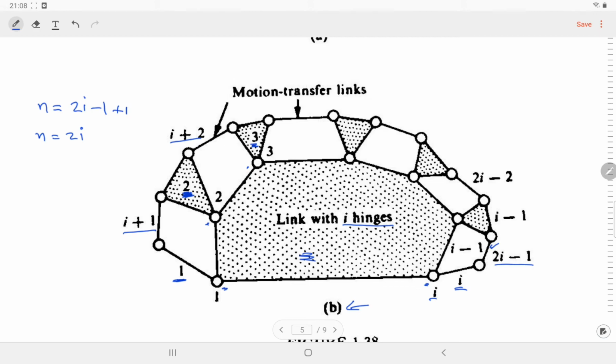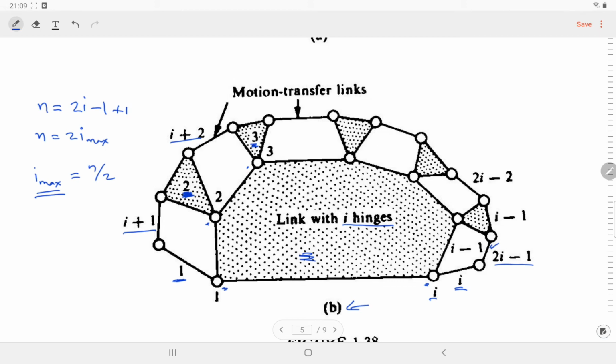From this we can say that this will be our i max. So i max is equal to n by 2. If n links are there, then a link with i hinges, where i will be i max, will be n by 2.